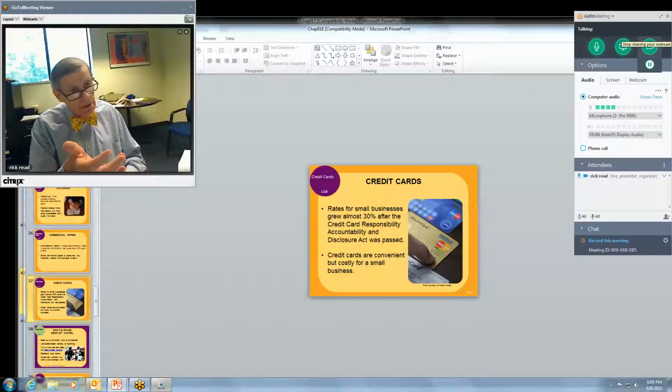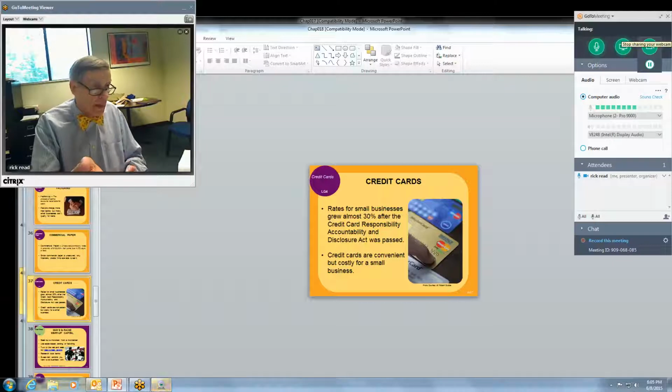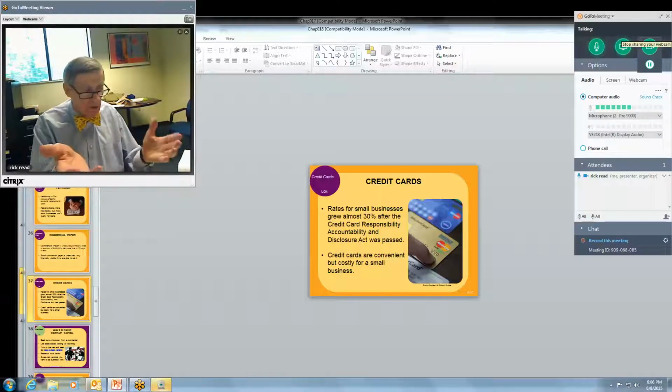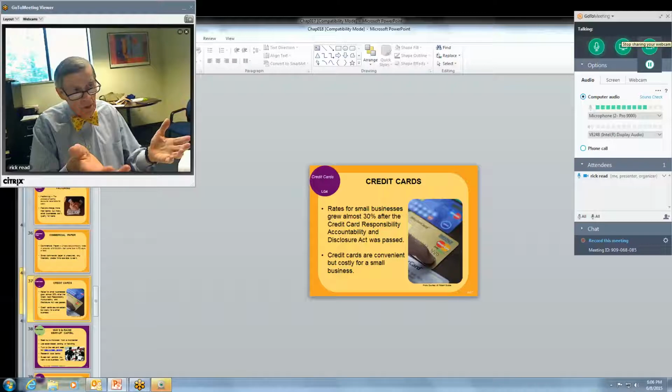Now, some cards have an annual fee. American Express, for instance, has an annual fee, and the annual fee depends upon the type of card you have. And then if you have more than one card, there's an extra fee for that second card. I'll give you, for instance, I've had an American Express green card. I'm only using this because there are differences.